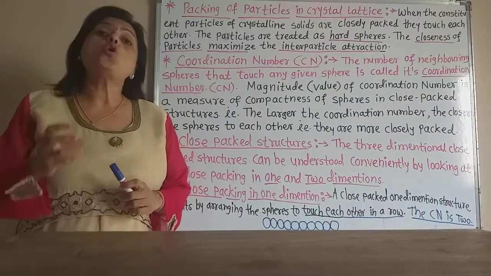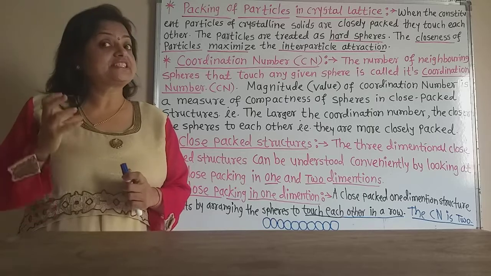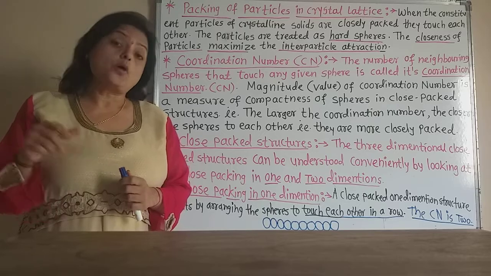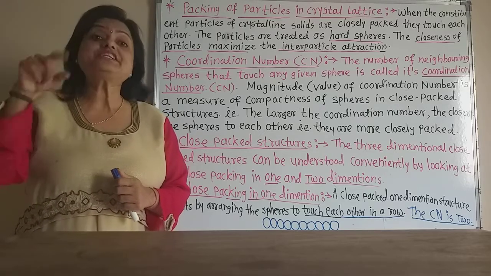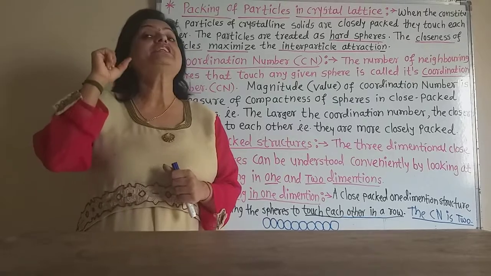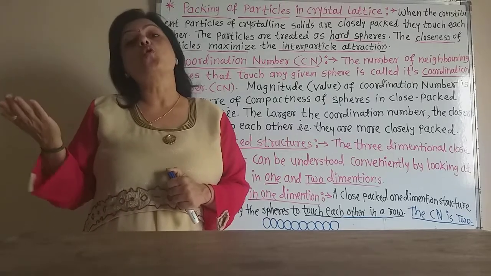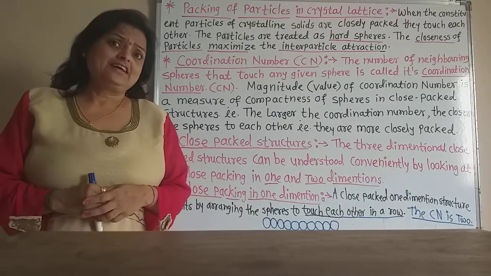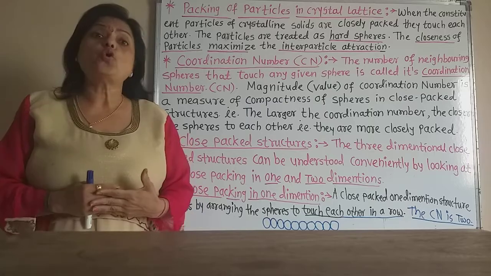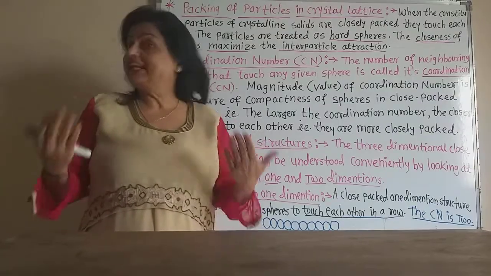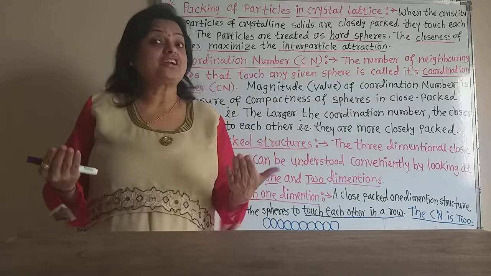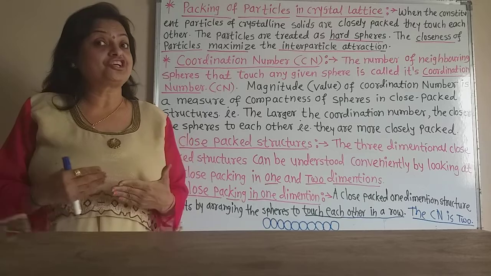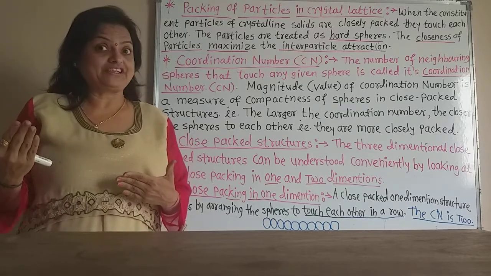That means how many neighboring spheres touch the given sphere, that number is called its coordination number. And obviously, as the value of the coordination number is higher, that means the closely packed structure is more compact.